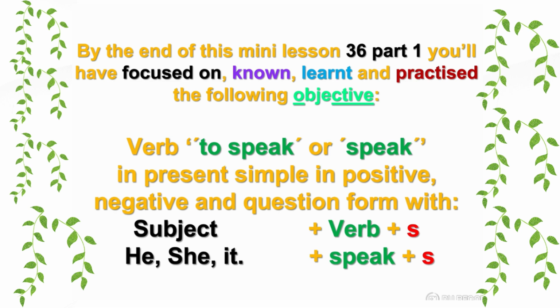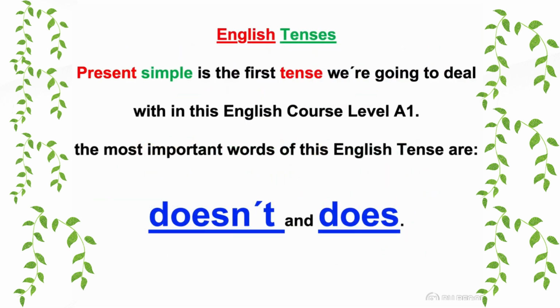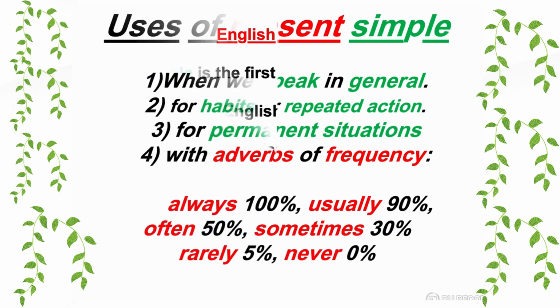Let's see. English tenses. Present simple is the first tense we're going to deal with in this English course level 1, A1. The most important words of this English tense are doesn't and does. Uses of present simple.